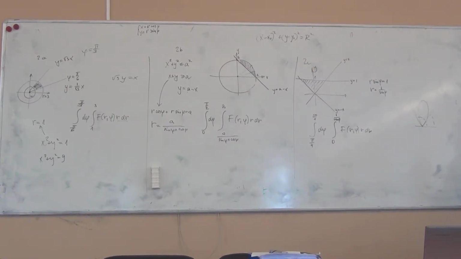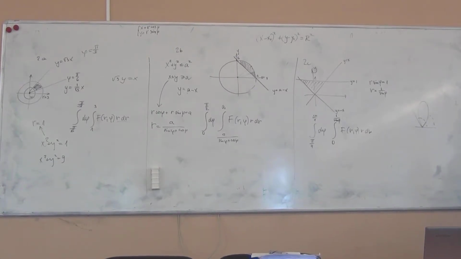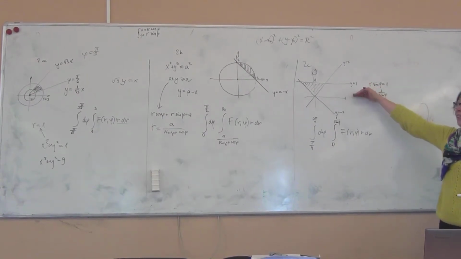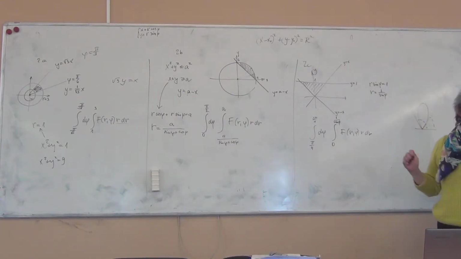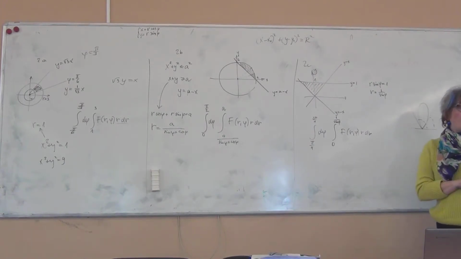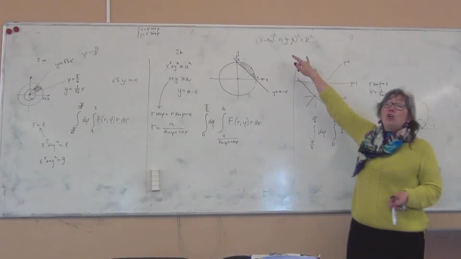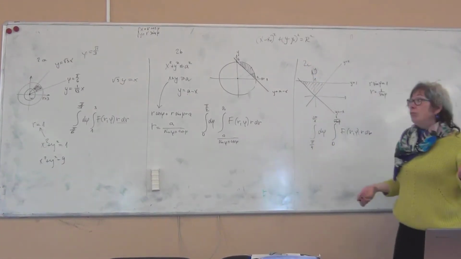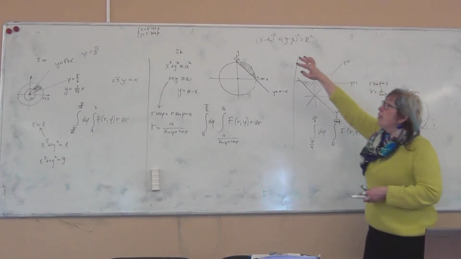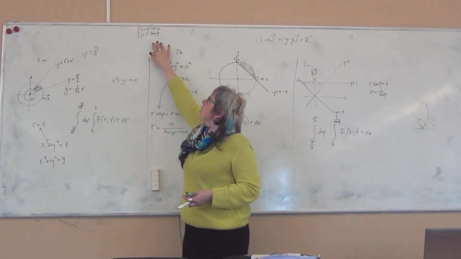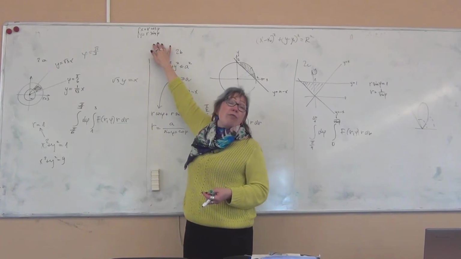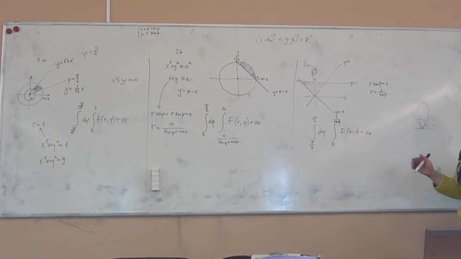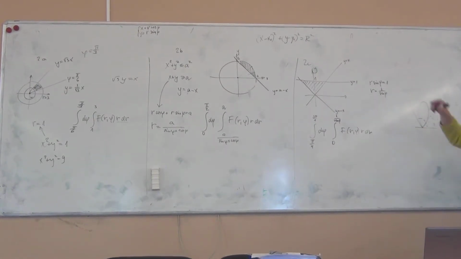So in most cases, you have to be able to transform the equation of a straight line into the polar form, and the equation of a circle into the polar form. And the equation of the circle could be like this. It could be like this. But again, if you just replace all x's by r cosine phi and y's by r sine phi, then basically you can deal with that as well.